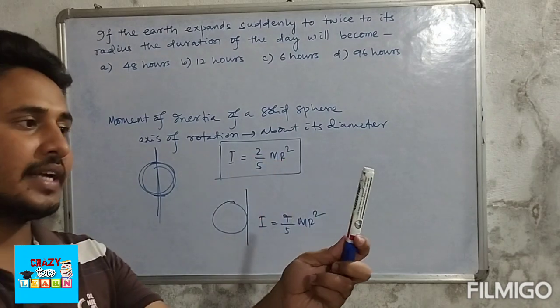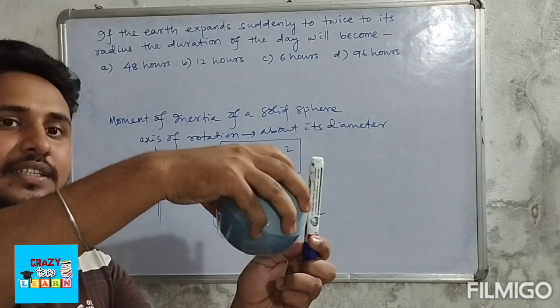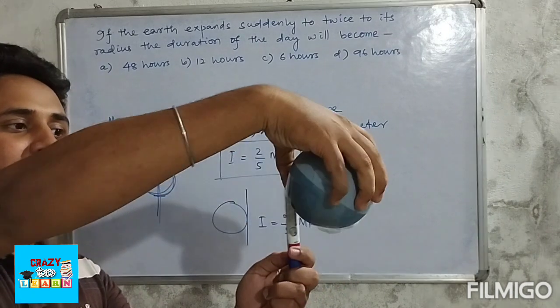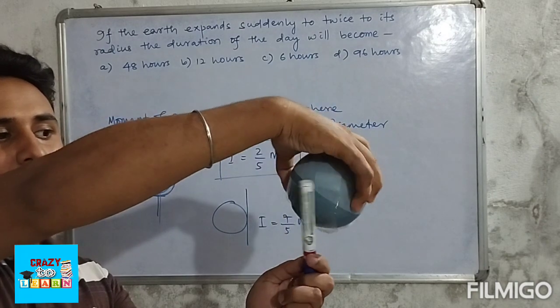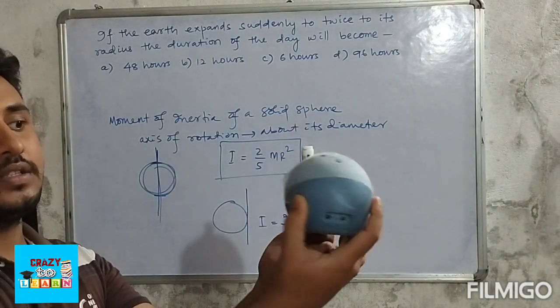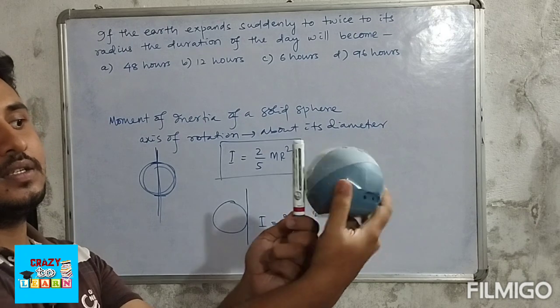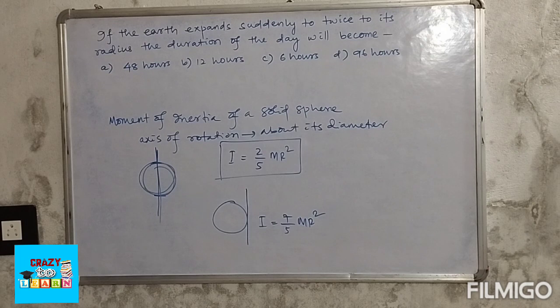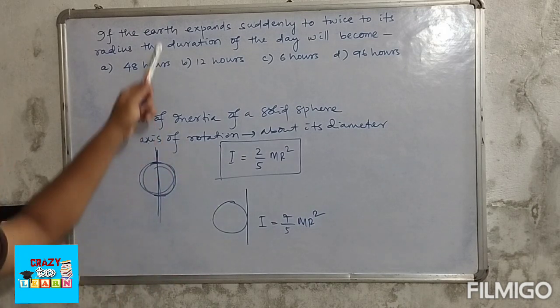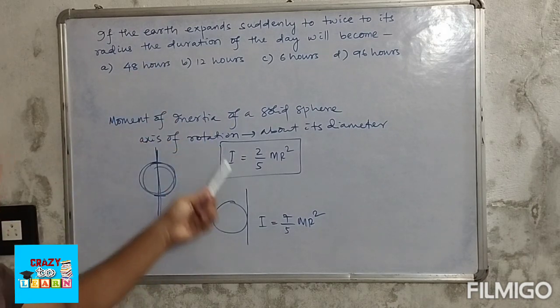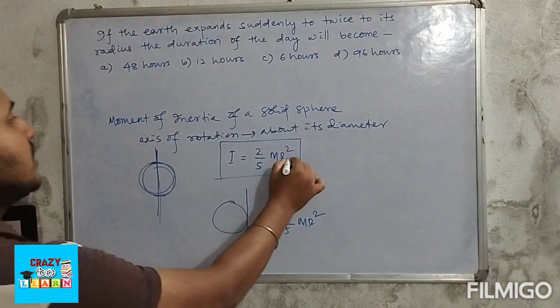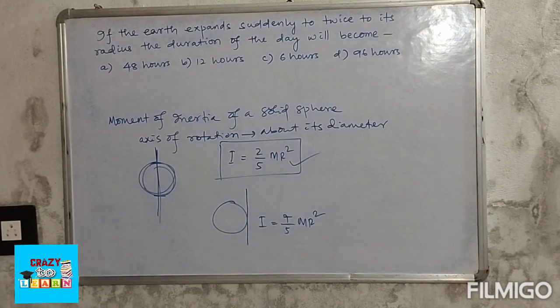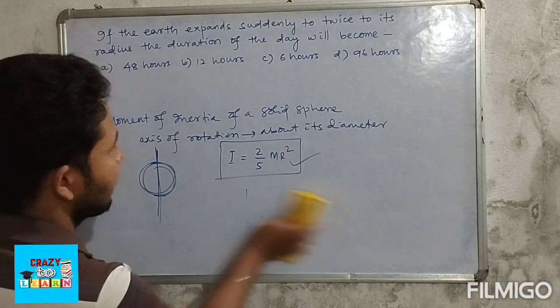But if the axis of rotation is a tangent, and the solid sphere rotates like this, then the moment of inertia is 7 by 5 mr square. Clear? As in this problem we are considering the case of the earth, the earth is rotating about its own axis, an axis passing through the diameter. So we will consider this case. Okay, so we will go for the solution of the problem.